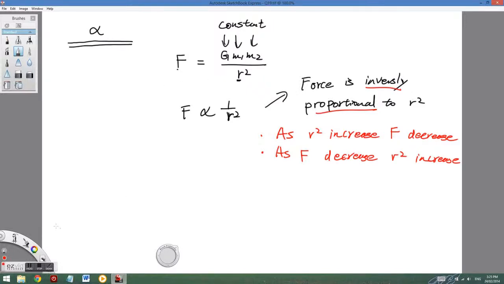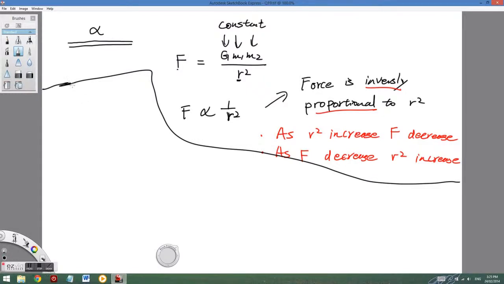However, if I show you another equation, say P equals VI, what we just did this week. Power equals voltage times current.